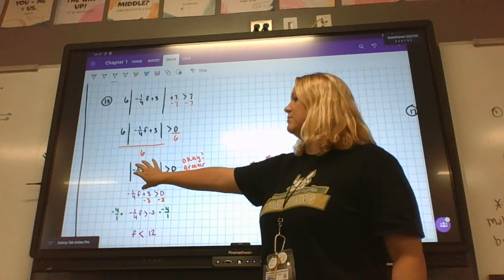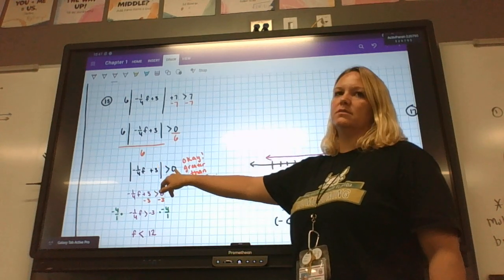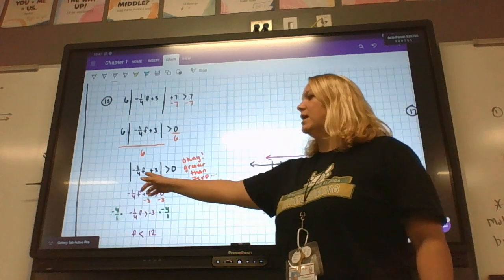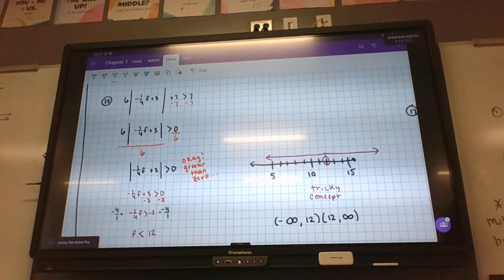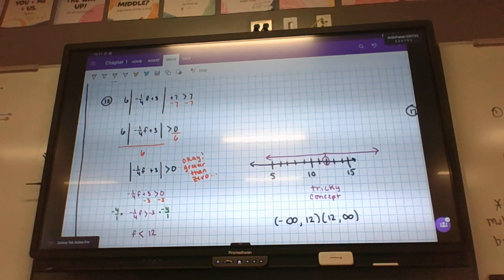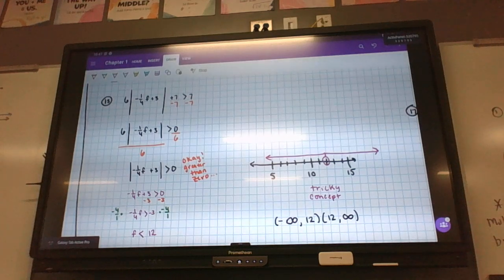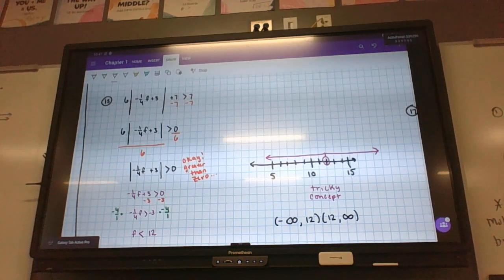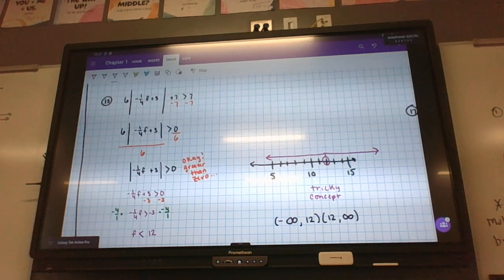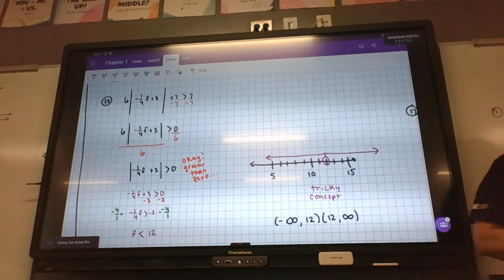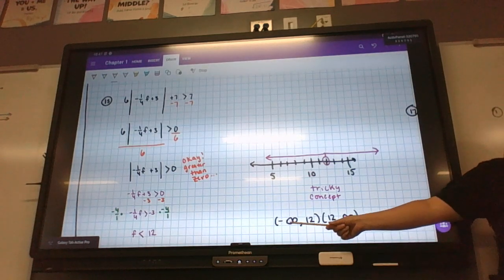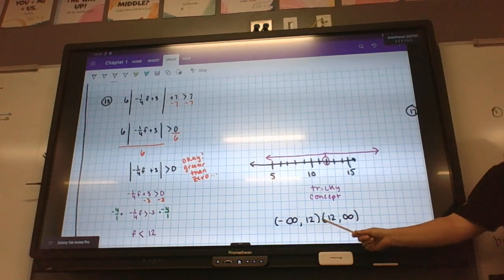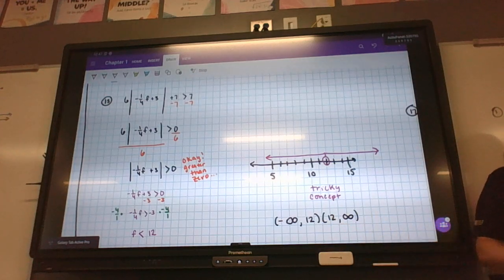But this is actually claiming that it can't perfectly equal 0. So a 12 would make it perfectly equal 0. So I have to exclude 12. It's everything but 12. So it goes from infinity to 12, breaks at 12, starts up again at 12.